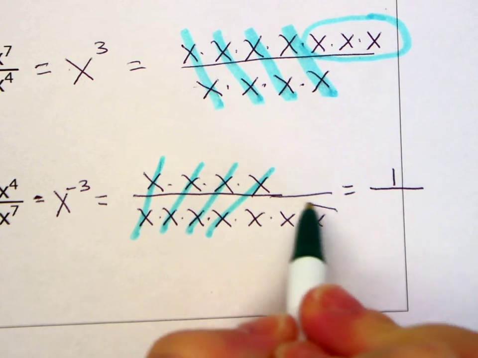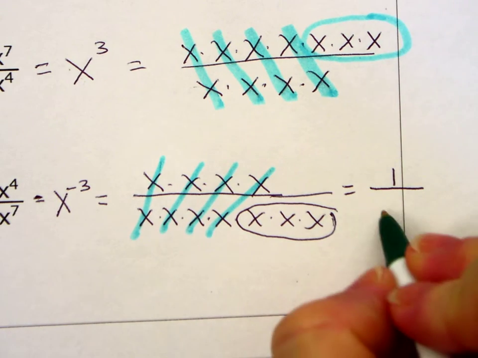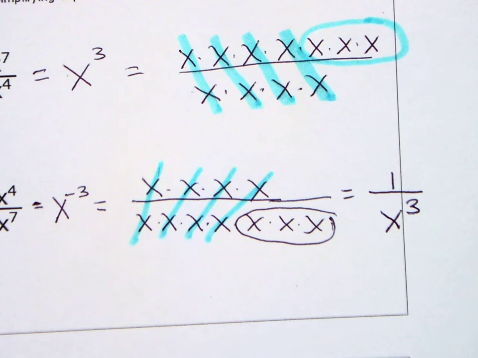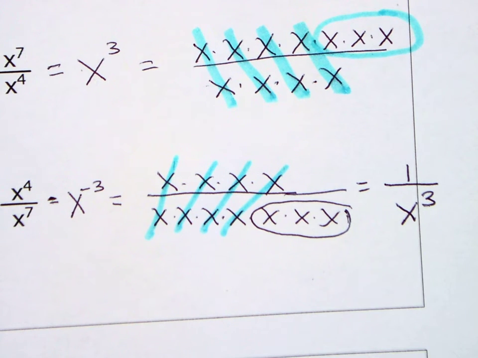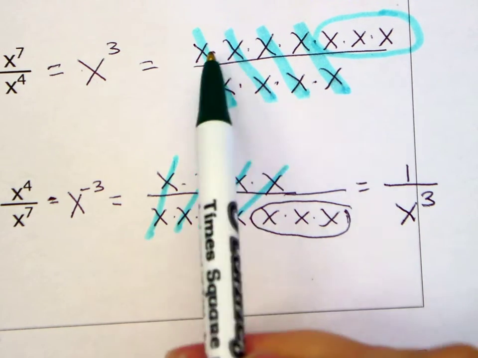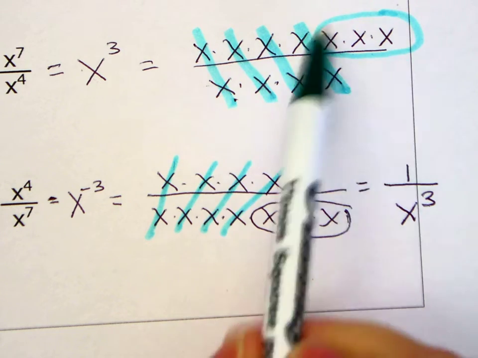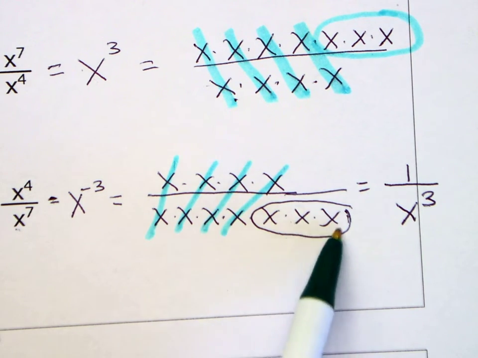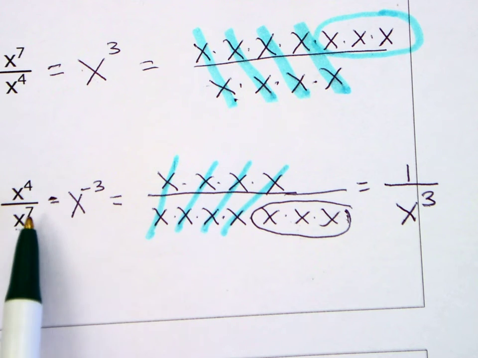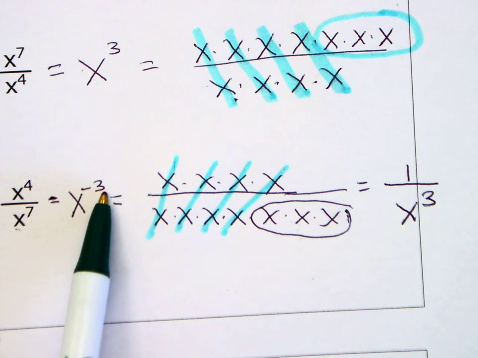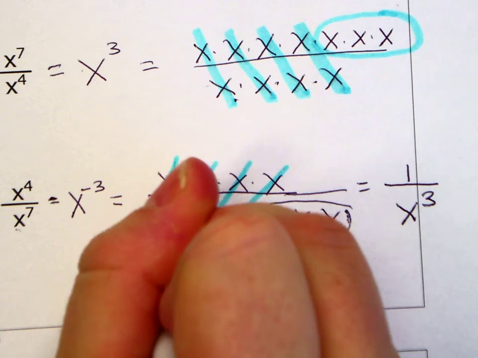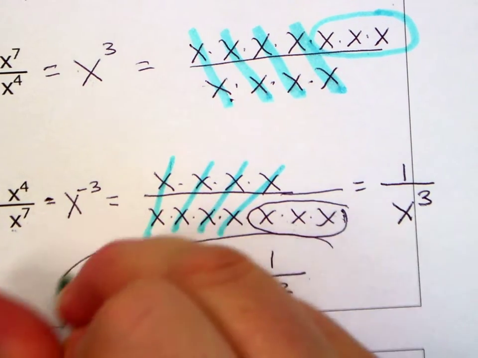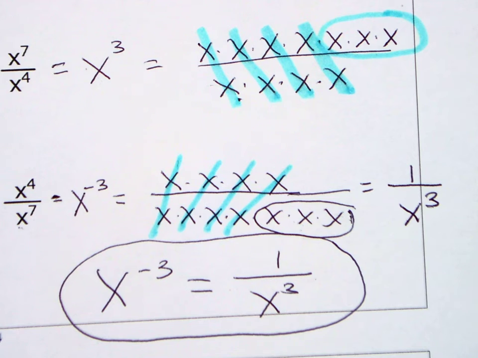Those 3 left over are actually in the denominator. x to the third. So this is another way of understanding negative exponents, right? There's more on top than on the bottom, so all the leftovers are on top. There's more on the bottom, so everything's in the bottom. But 4 minus 7 is negative 3, so it's negative, right? So x to the negative 3 equals 1 over x to the third. Okay? Keep that in mind.